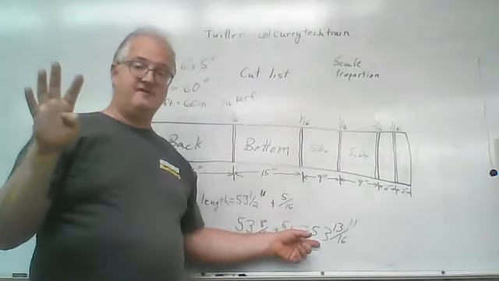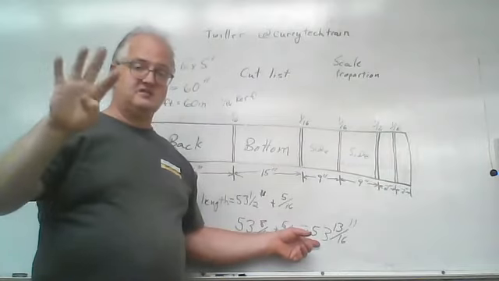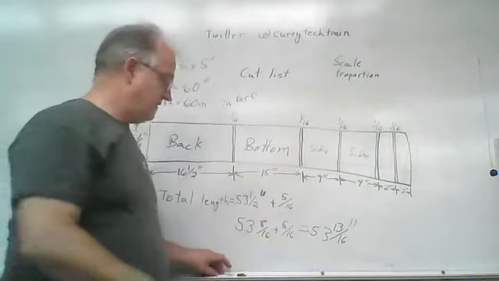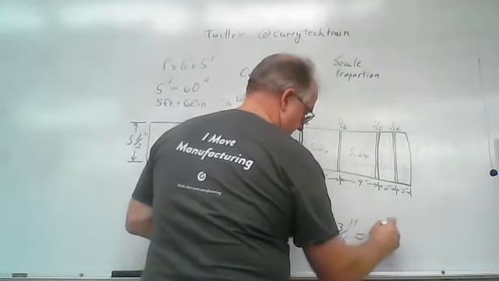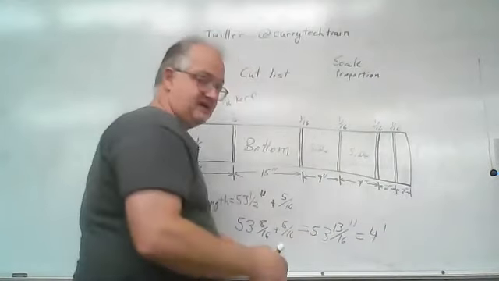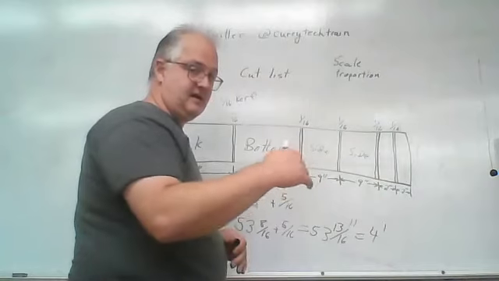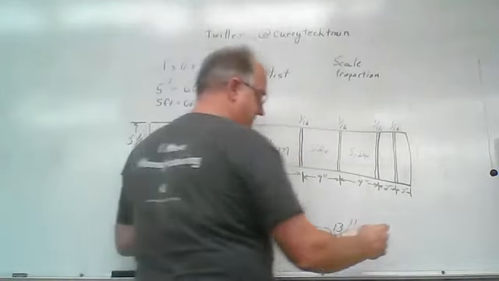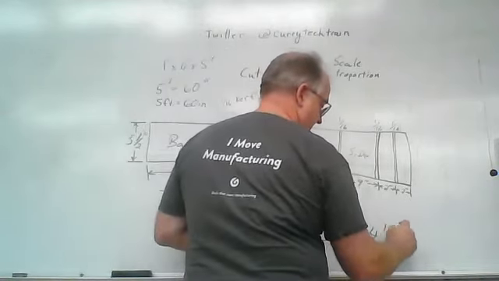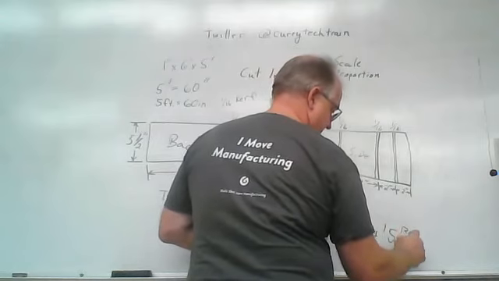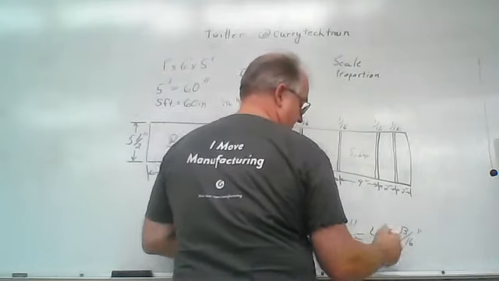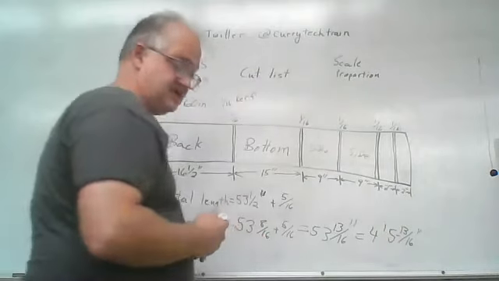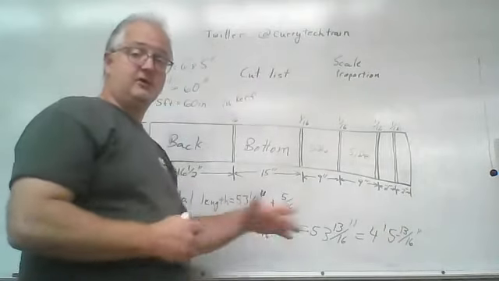Now I have 53 minus 48, so I have 4 feet, and 53 minus 48 is 5. So 5 and 13/16 inches. So this would be 4 feet, 5 and 13/16 inches, the way that I would express that in both feet and inches.